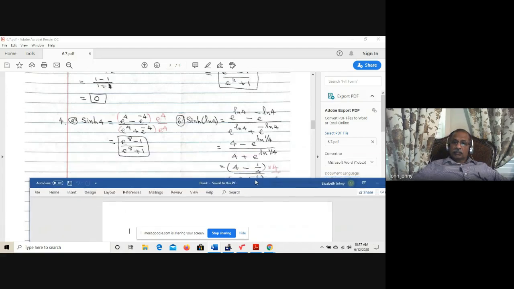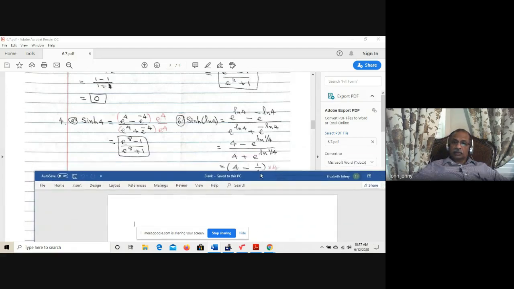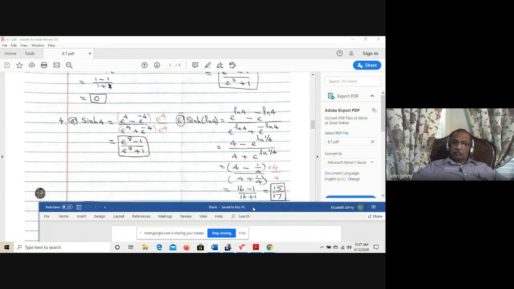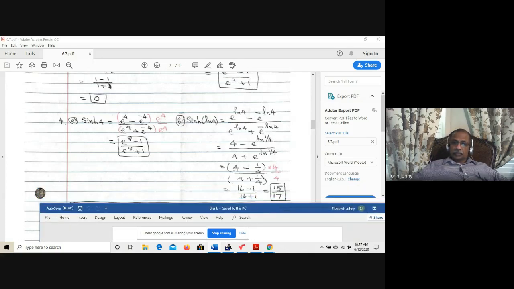So it is 4 minus 1/4 divided by 4 plus 1/4, because these two are inverses of each other. Now multiply by 4 over 4, you distribute, you get 16 minus 1 over 16 plus 1, which is 15 over 17.